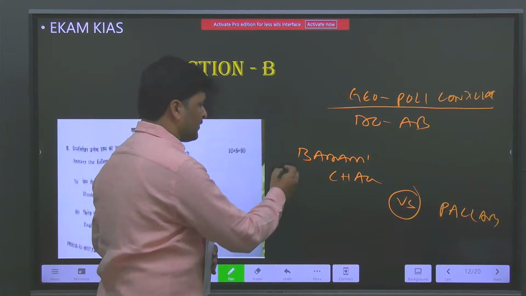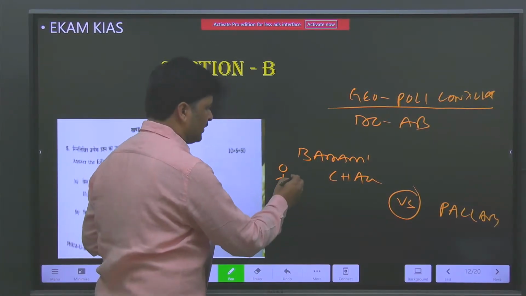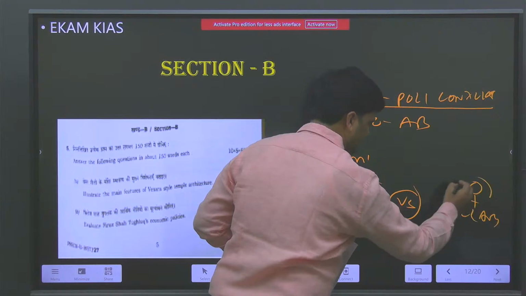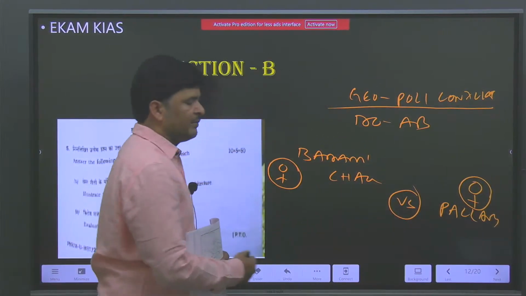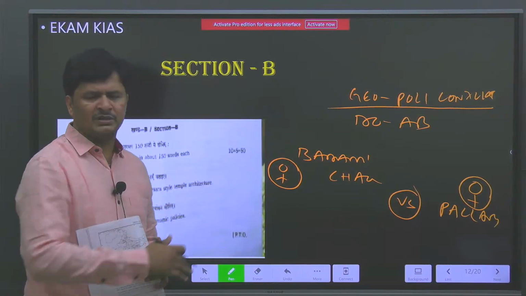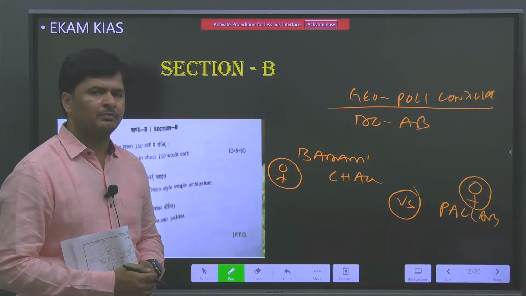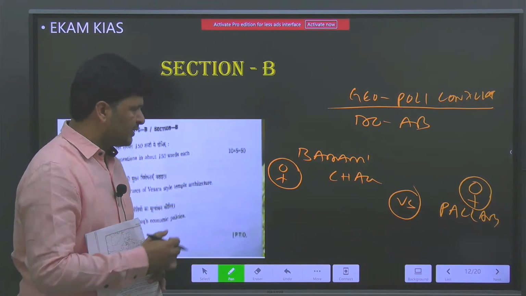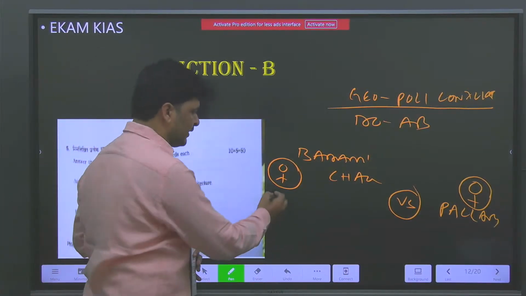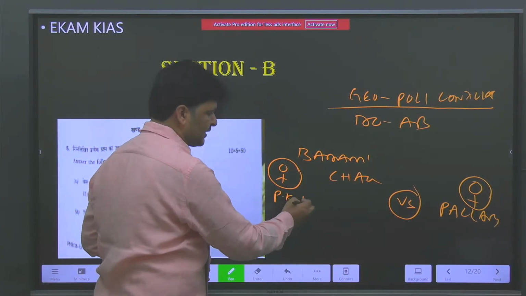The famous ruler from the Badami Chalukyans is Pulakeshin II, and the famous ruler from the Pallavan dynasty is Narasimha Varman I. In fact, we had other rulers, that is another story. According to history, geopolitical conflicts in Deccan were initiated by Pulakeshin II.